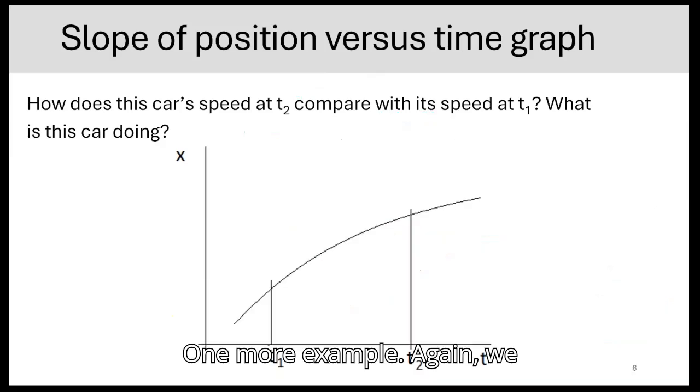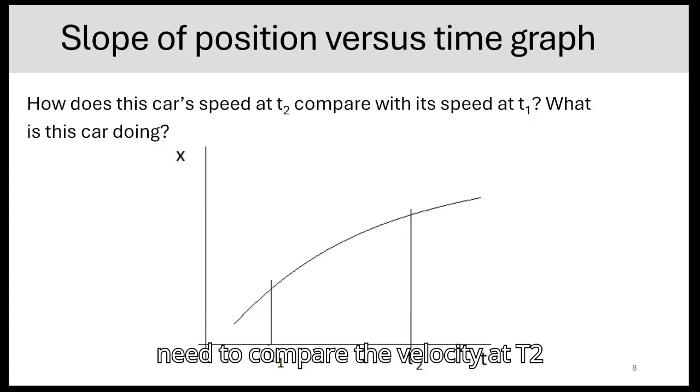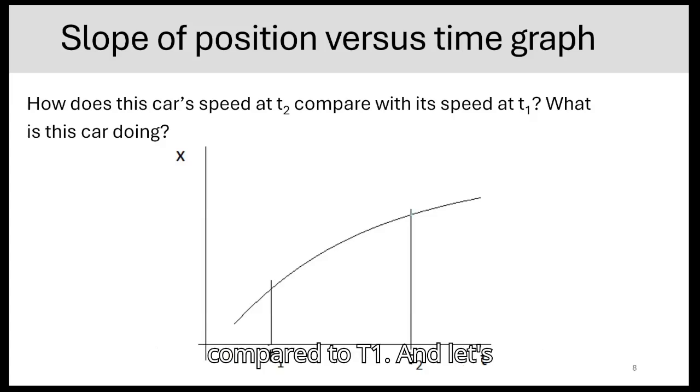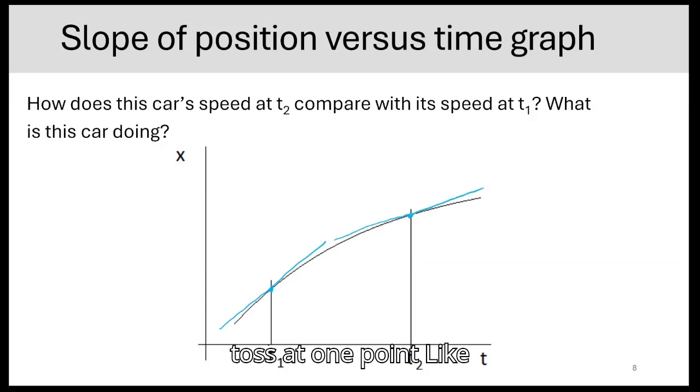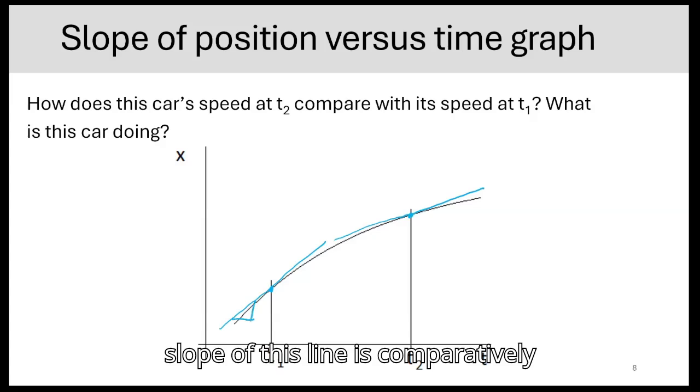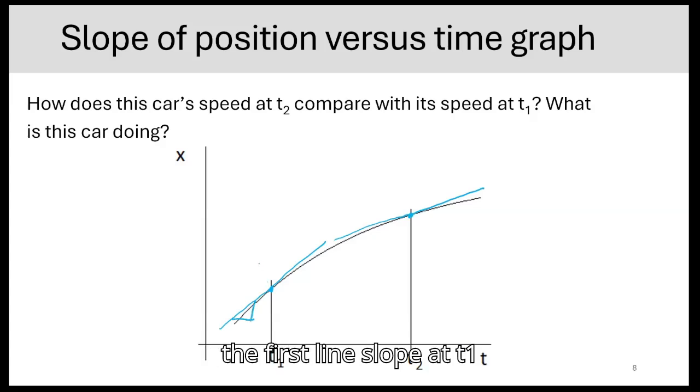One more example again. We need to compare the velocity at t2 compared to t1, and let's see. First, draw a tangent line. A tangent line shouldn't look like this. Tangent lines should only touch at one point like this, and we can see the slope of the first line, slope at t1, is higher than slope at t2.